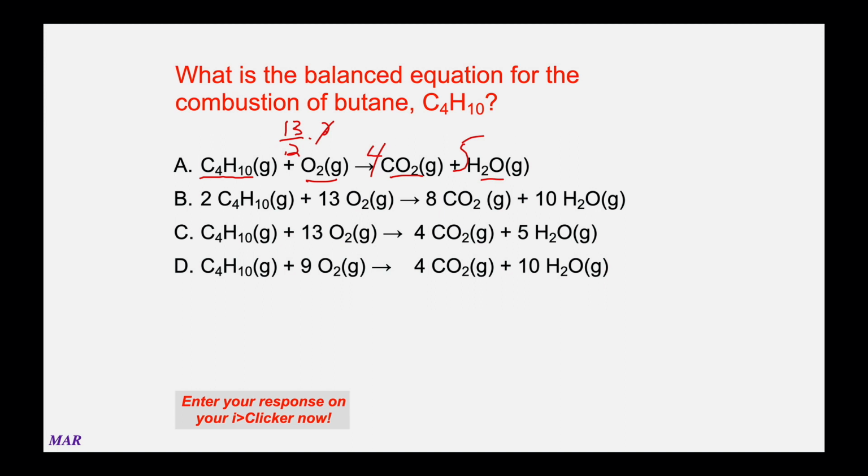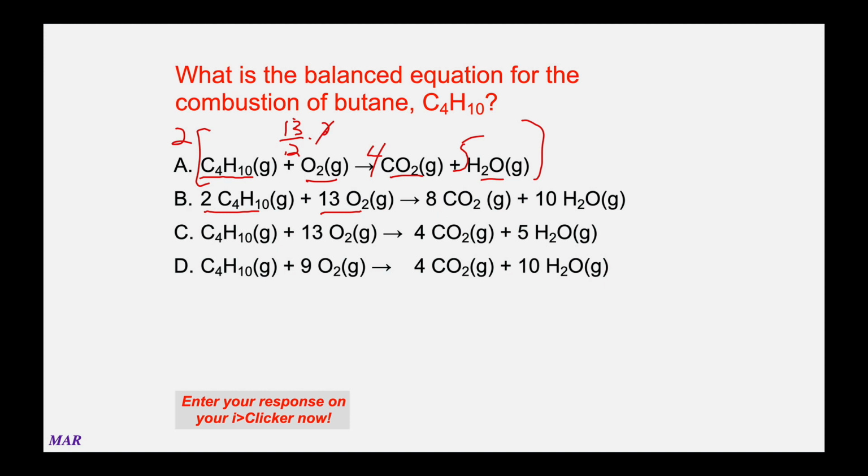However, you don't do that in chemistry. Chemists really hate fractions generally if you can avoid them. So instead of 13 halves, what we can do is multiply this whole thing through by 2. And if you do that, you get 2 C4H10s, and 13 halves times 2 would be 13 O2s.